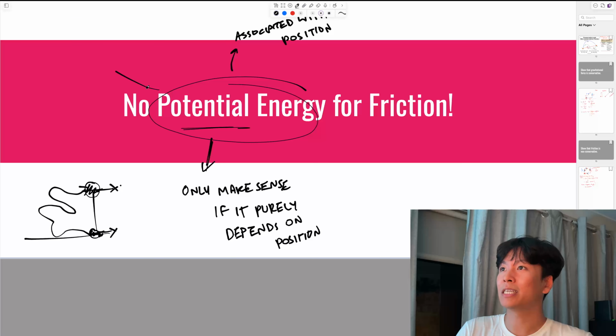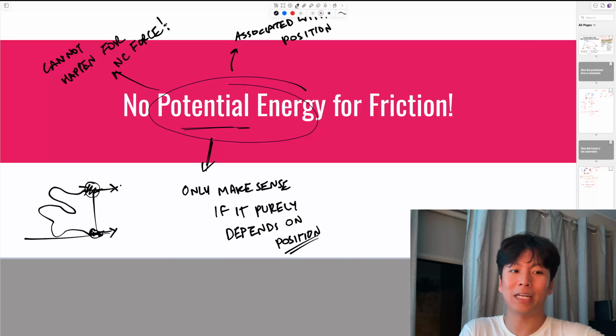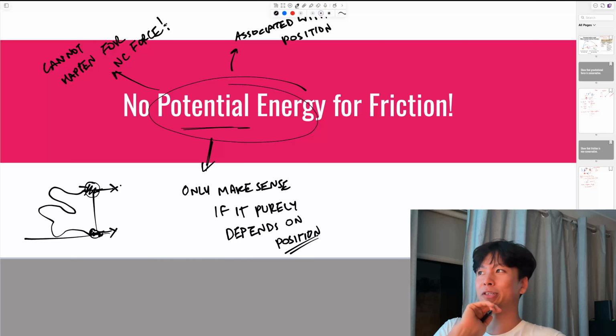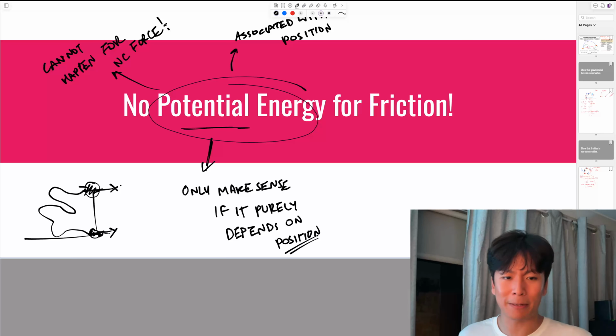Because potential energy has to purely depend on the position, it cannot happen for a non-conservative force. I'm just going to use NC for non-conservative. So non-conservative forces cannot have potential energy. It's impossible for us to define a potential energy for a non-conservative force because it depends on the path, it depends on so many things.